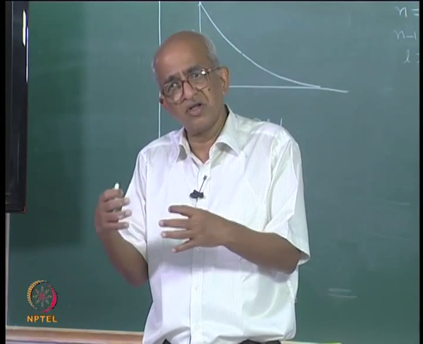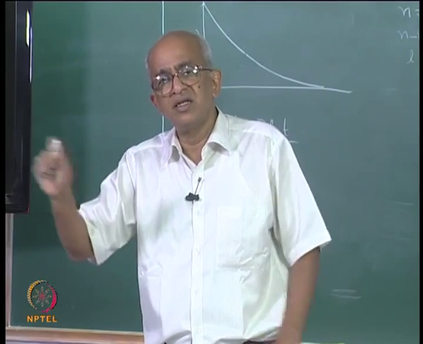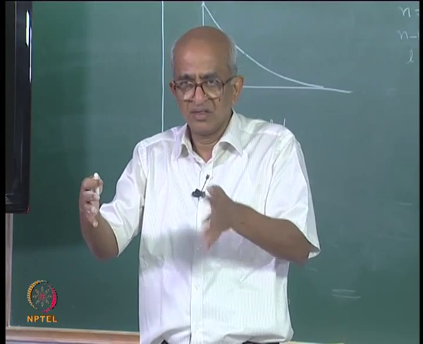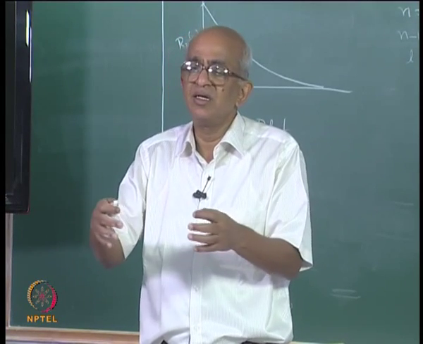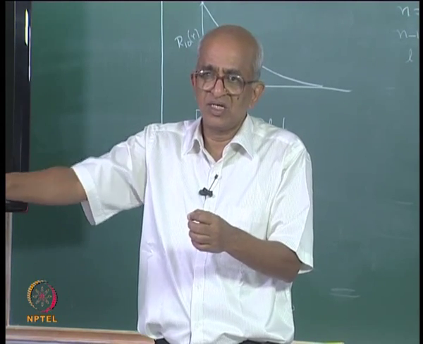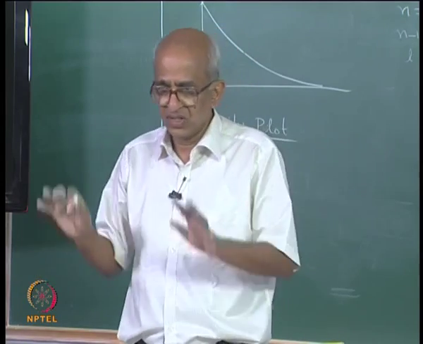And if the function is negative, what do you do? There again I will just worry about the magnitude of the function and put shading, but I have to tell you that in this region the function is negative. So, I will put a negative sign in that region.